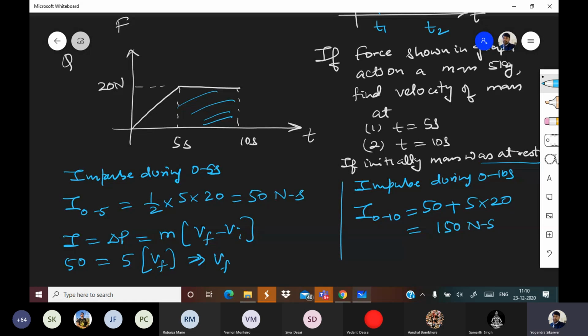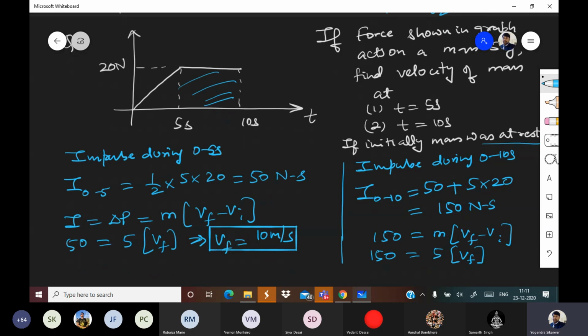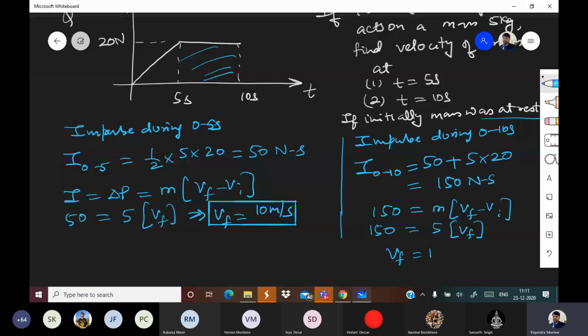So that gives you V final at t is equal to 5 seconds as 10 meters per second. Now similarly, 150 is equal to m times V final minus V initial. So 150 is equal to m is 5 V final. So V final comes out to be 15 meters per second.